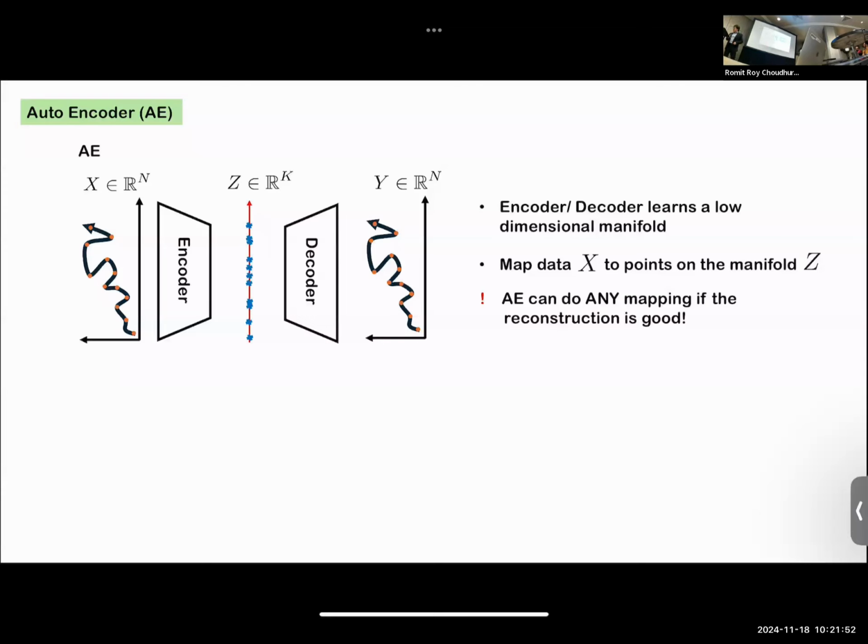What do I mean by any mapping? It means that it can map this point to here, and it can map this point to far away, as long as this mapping is remembered by the encoder and decoder. The encoder says, hey, I define this distance as 1, but I define this small distance as 3.